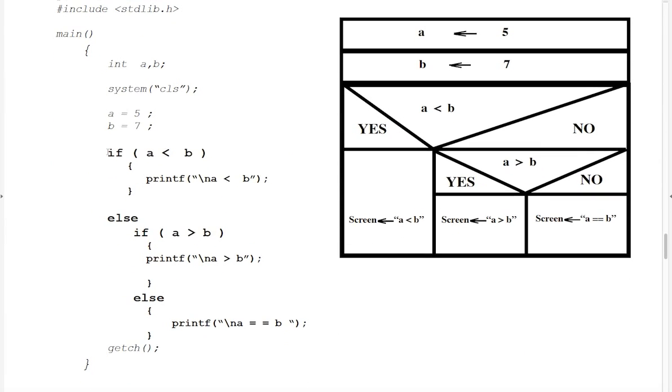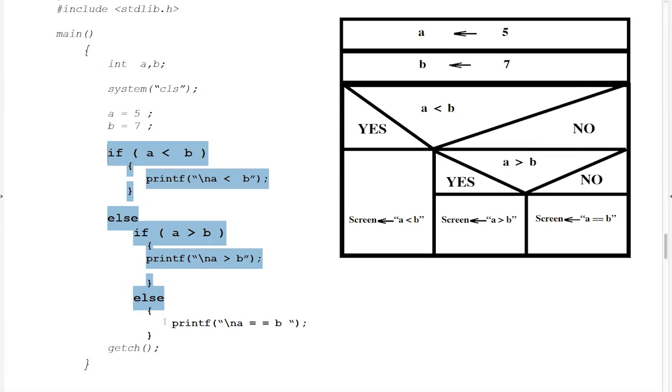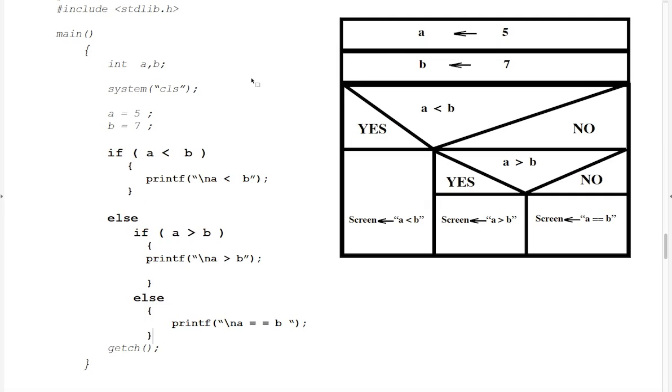Now if we take a look at this if statement here, everything from here to here is one statement, not a series of separate statements, but one statement. And the way it works here again is A is 5, B is 7, if A is less than B. Now we notice these brackets here are the corners of this box, this if, the corners of this box, and finally this else part, which is a default case, the corners of this box.